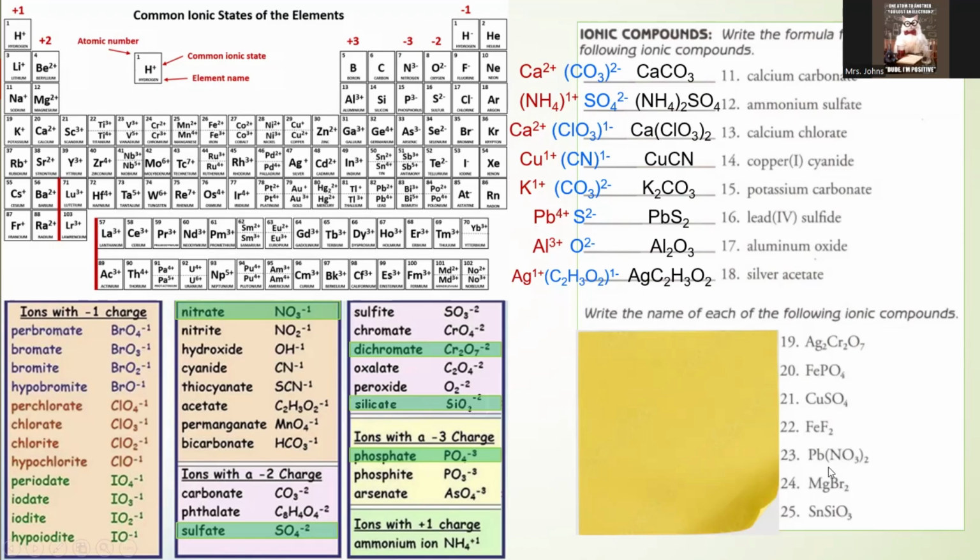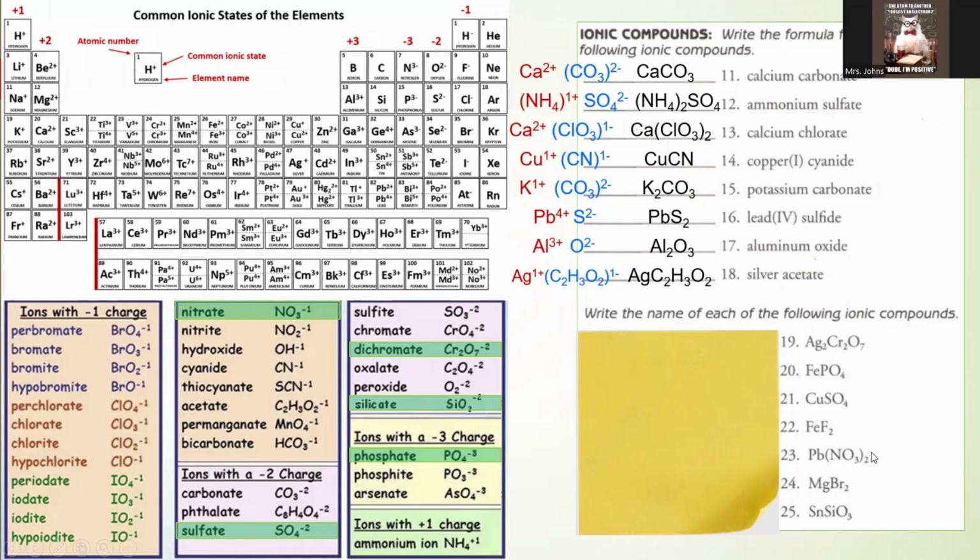And then number 23. So number 23 and number 25 both, we have to calculate what the charge is, and we have to put a Roman numeral for the stock system for lead and tin. So nitrate has a 1- charge, but there's two of them.